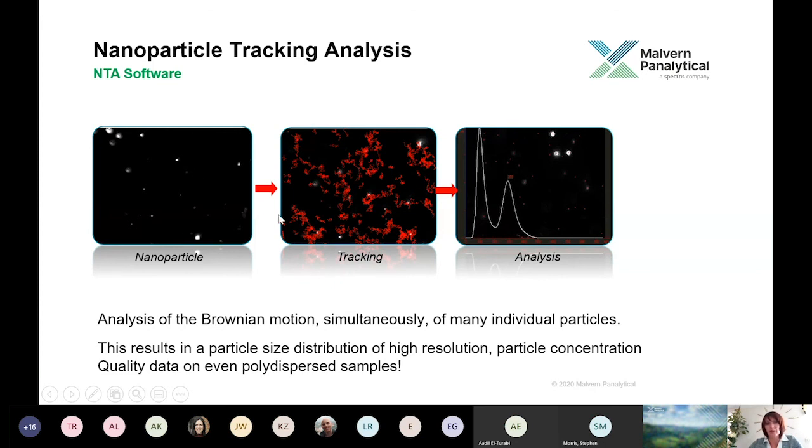In the next step, the software, applying various algorithms, will follow every single particle individually and all particles simultaneously. So we track our particles, and we call it tracking. That results in a really high resolution particle size distribution.